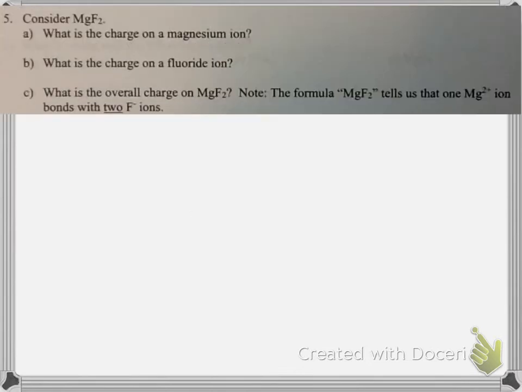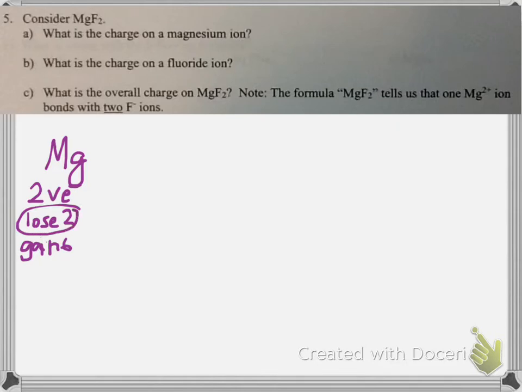Number 5, consider magnesium fluoride. Letter A, what is the charge on a magnesium ion? Magnesium is in group 2A, so it has 2 valence electrons, so it could lose 2 or gain 6. It's going to lose 2, so it's going to have a charge of +2.